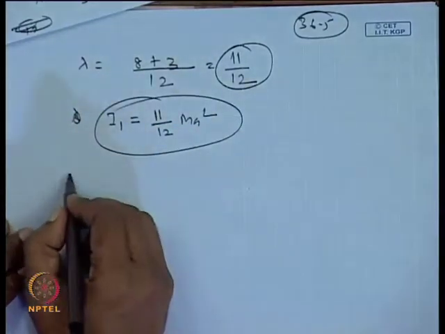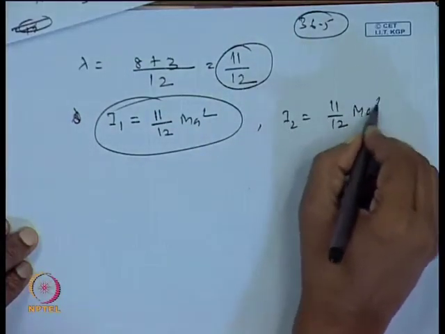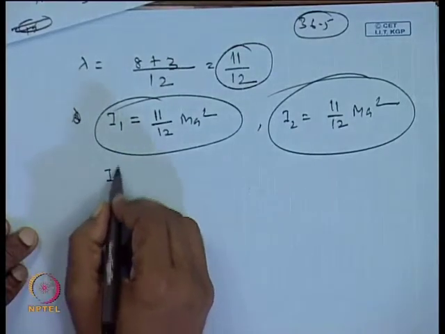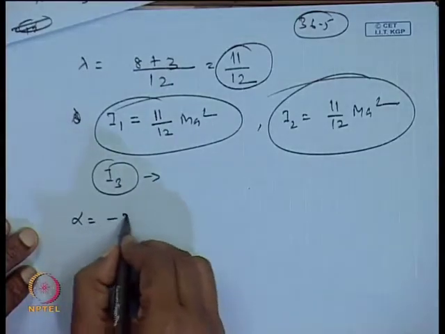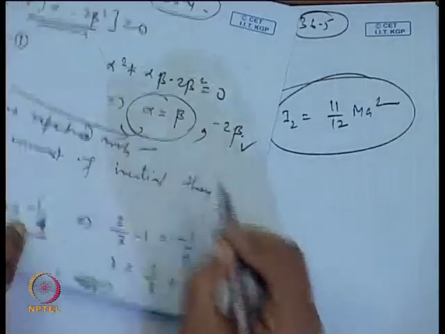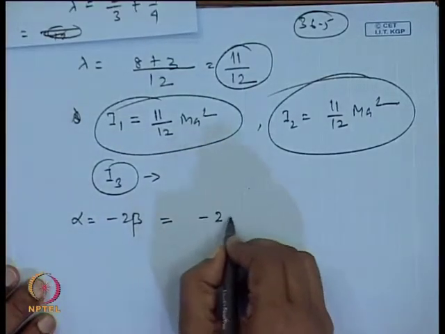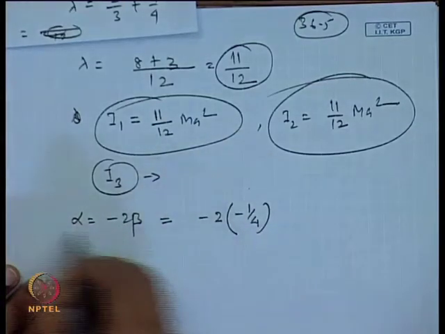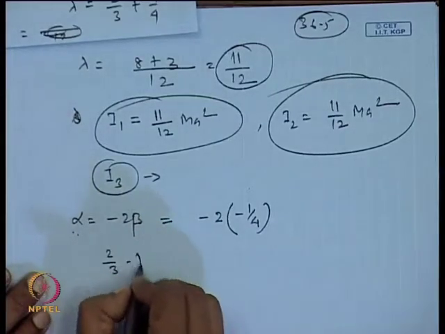Okay. Similarly, I 2 will be equal to 11 by 12 m a square, and I 3 we now have to calculate. For calculating I 3 we write alpha equal to minus 2 beta, which is the part we are using now. So, minus 2 times minus 1 by 4, and on the other side we have 2 by 3 minus lambda.